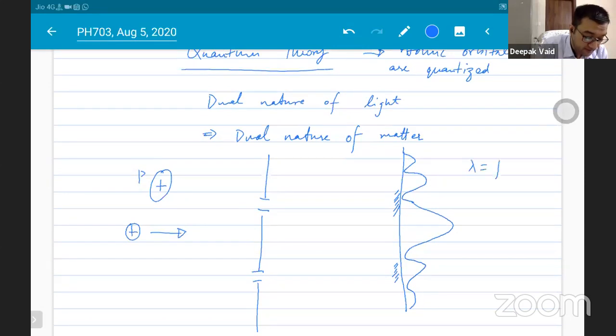And the wavelength of a wave is given by something known as the de Broglie relationship. Okay? And it is this dual nature of matter which proves to be disastrous for determinism.